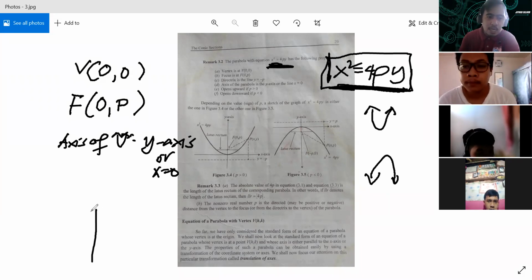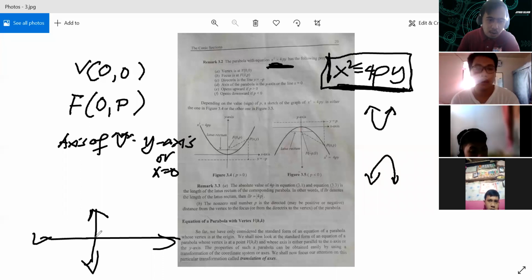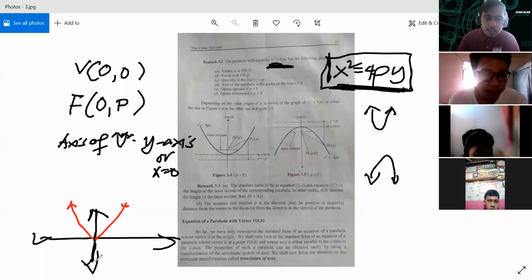So if this is the form, your parabola will look like this. It's either opening up or down. Then the axis of your parabola must be this line. This will be the axis of your parabola if this is the form of your equation.